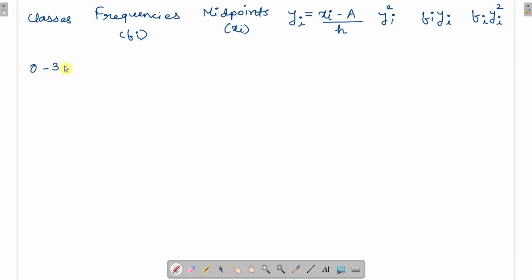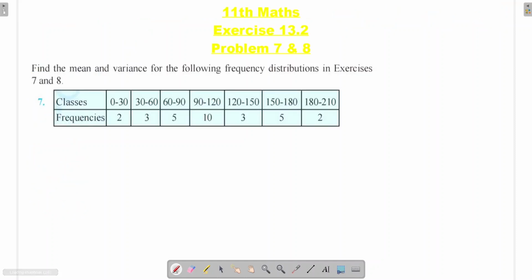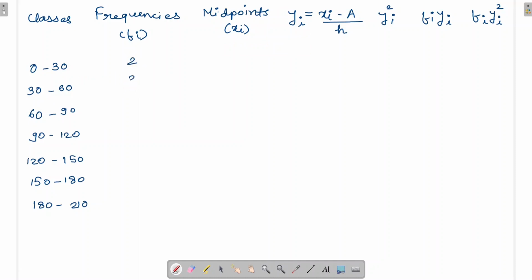So 0 to 30, 30 to 60, 60 to 90, 90 to 120, 120 to 150, 150 to 180, 180 to 210, and the frequencies are 2, 3, 5, 10, 3, 5, 2.